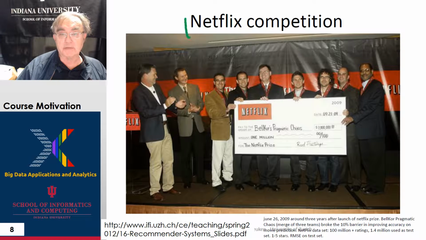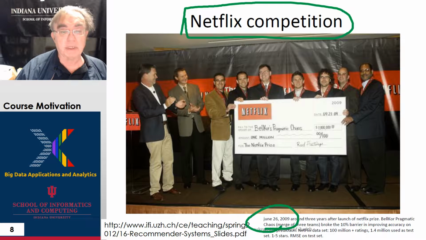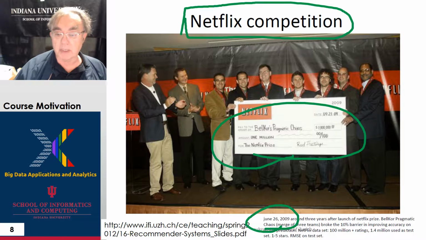They had this very famous competition, which was to improve their ratings, and they gave $1 million to the team that won it. This was in 2009. This went through the site called Kaggle, which we'll discuss in the lectures. And this group of people here won $1 million.